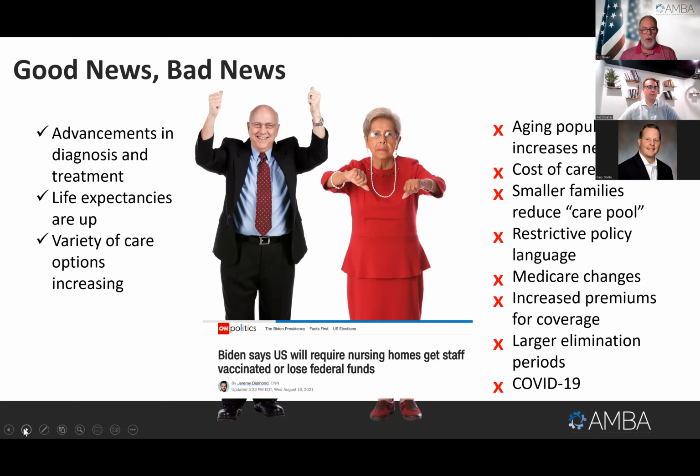All four of my grandparents were one of 6 to 12 kids, so there was always somebody in the family that could take care of my great-grandparents or somebody else. There were sometimes 20 to 25 years of age range between my grandfather and his oldest sister. So there was always somebody that could take care of somebody, but now we have two or three kids at the most, and that care pool is shrinking.